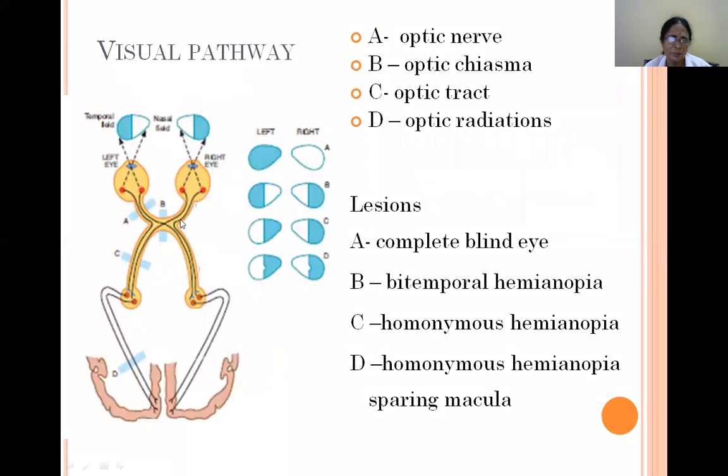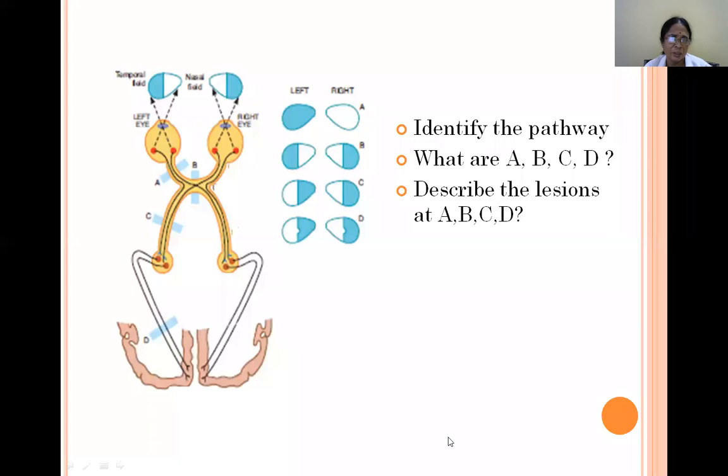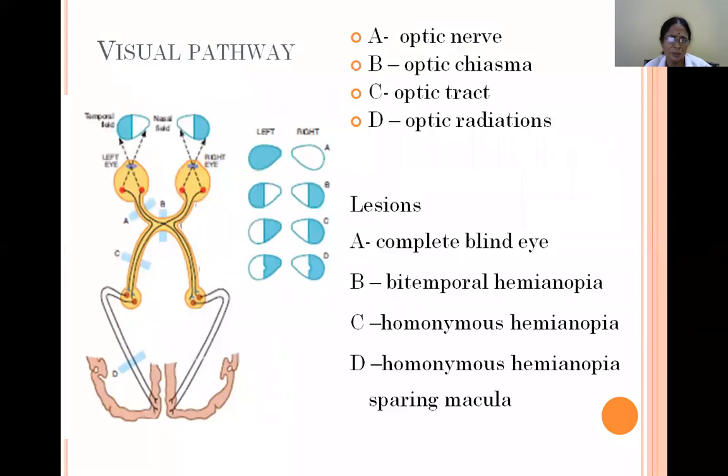Here the lesions are whatever I told you: complete blindness, bitemporal hemianopia, homonymous hemianopia, homonymous hemianopia with macula sparing. In the exams, you will be given only a chart, the names will not be there. Here, just for discussion, we have displayed the names. This can also come as a short answer question. Therefore, you have to read thoroughly.